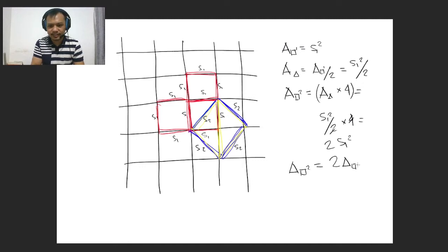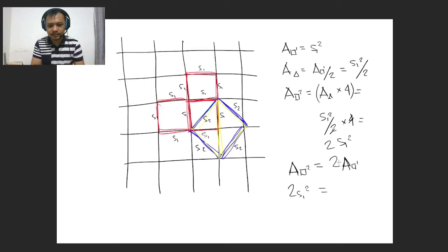I know it looks like a triangle, but that's an A. Area of the new square formed is equal to 2 times the area of the first square, the first tile, the original tile. And we have a lot of information that we can start plugging in now, okay? What information is that, you might be asking? Well, let's go ahead and start here with the area of the second square. The area of the second square is going to be equal to 2 S1 squared, okay?